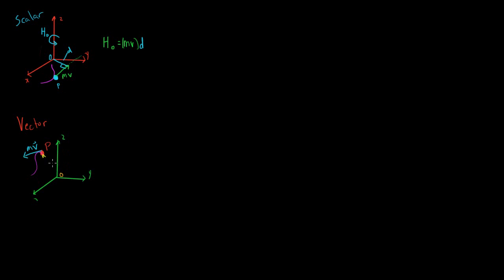And right from this origin, we're going to have this position vector r. And the angular momentum h naught is going to be somewhere that's perpendicular to both of these vectors. So it's going to be this way somewhere, something like that. It's hard to draw this, but this is going to be its angular momentum.